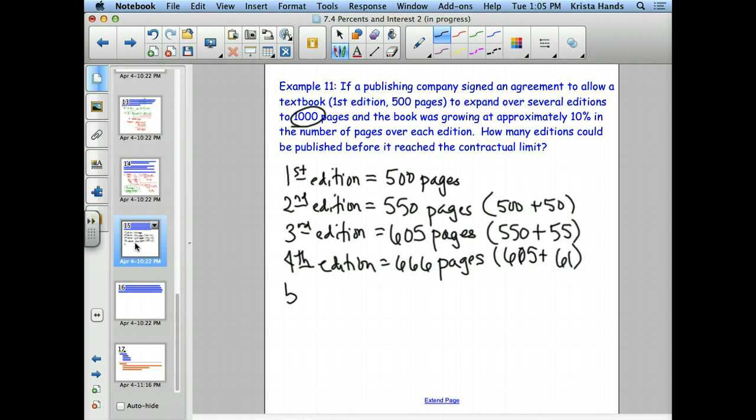And then we go on to our fifth edition. So we have our 666 plus how many more? 67 for a total of 700 something. 733.